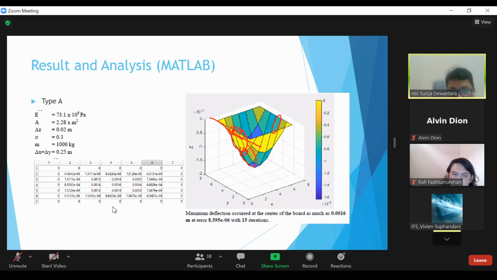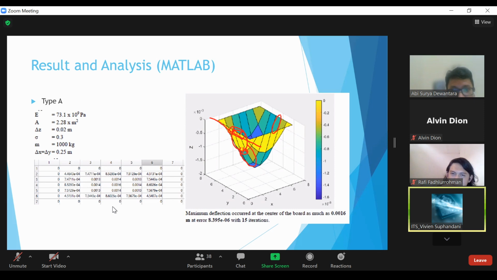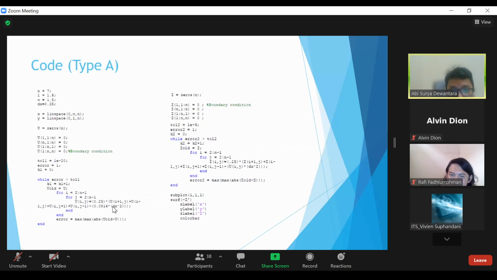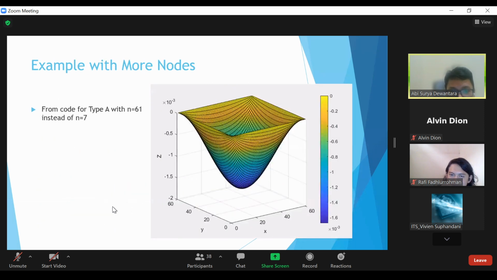Saat nodanya banyak, Fauzan, can you go to the last? Because this has more nodes, they have more data to process, ma'am.